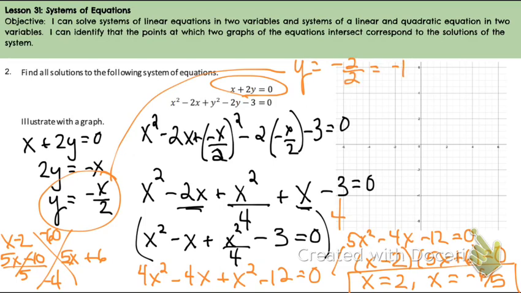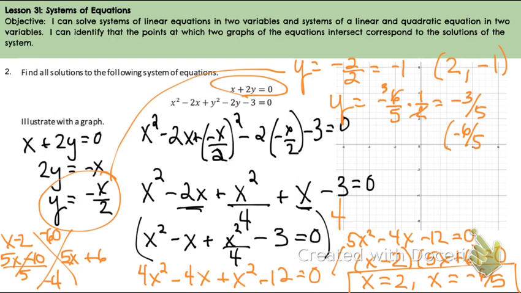So y equals negative 1. So one solution is going to be at 2, negative 1. I also know that x can equal negative 6/5 divided by 2, so it's times 1/2. I get negative 3/5.